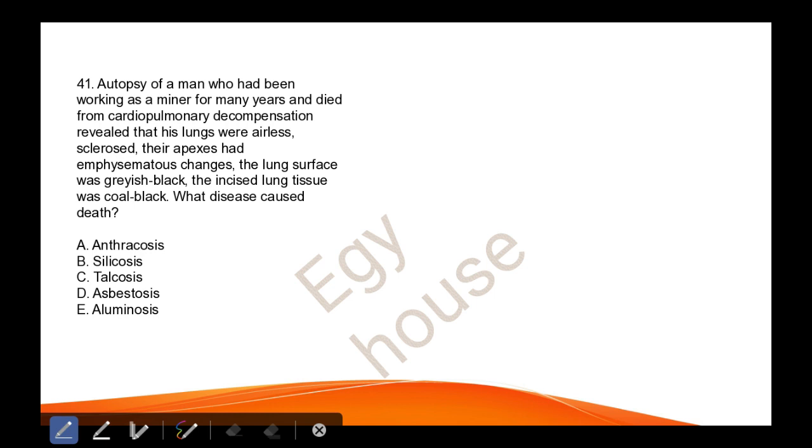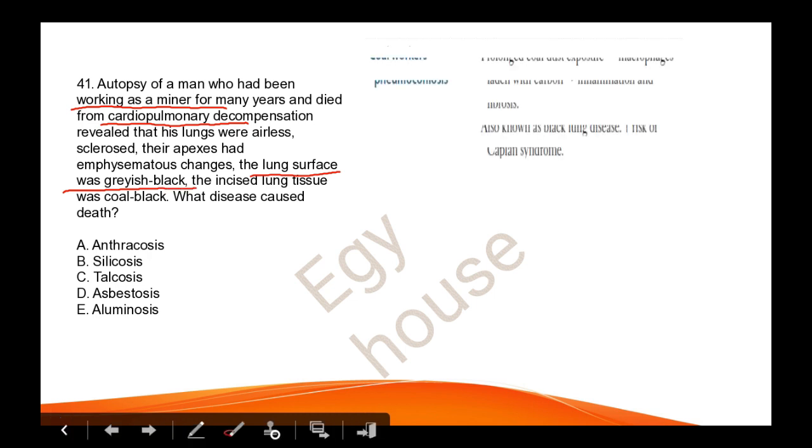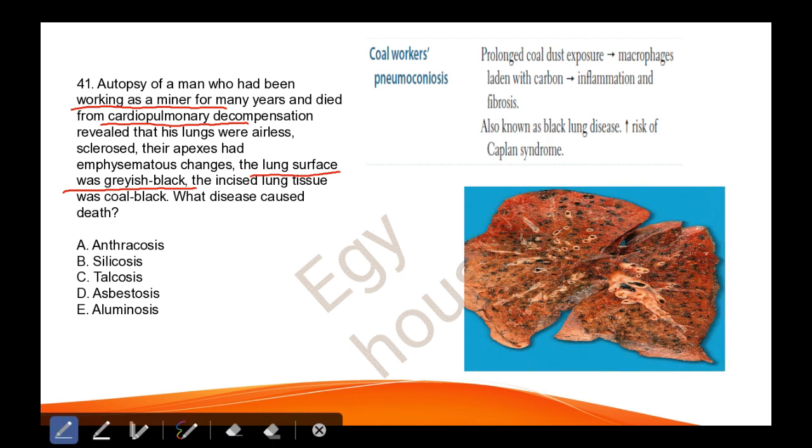During the autopsy of a man working as a miner, who had cardiopulmonary decompensation, the resected lung surface had a grayish-black appearance. Here is the cutting surface of the lung, how it appears. It's a grayish-black pattern.